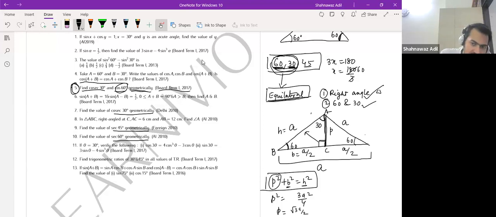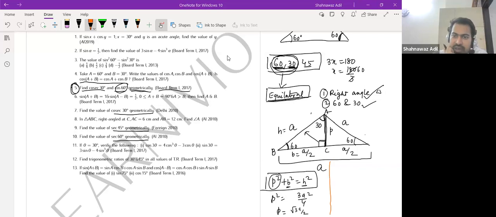Hashid and Shaima got root 3a by 2. Amar and Shoaib, what did you get?